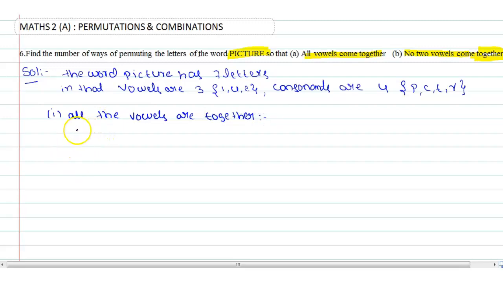For this one, consider 3 vowels equal to 1 unit. We are taking 3 vowels as 1 unit, and consonants, how many? 4. So 4 consonants plus 1 unit is equal to 5 entries.